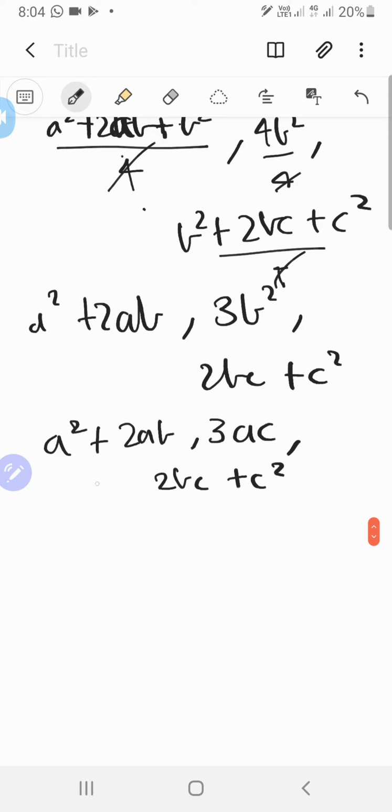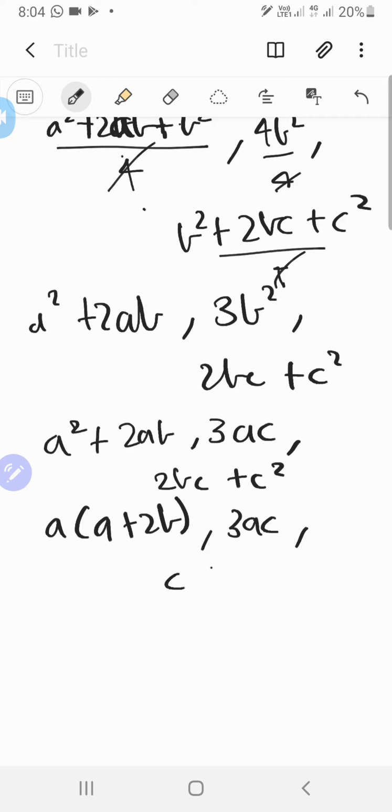Okay, there you go. So what I'm going to do is factor out an a from this, a into a plus 2b, and then this thing 3ac, and then I'm going to factor a c from this, so c into c plus 2b. Okay, this should be an AP.